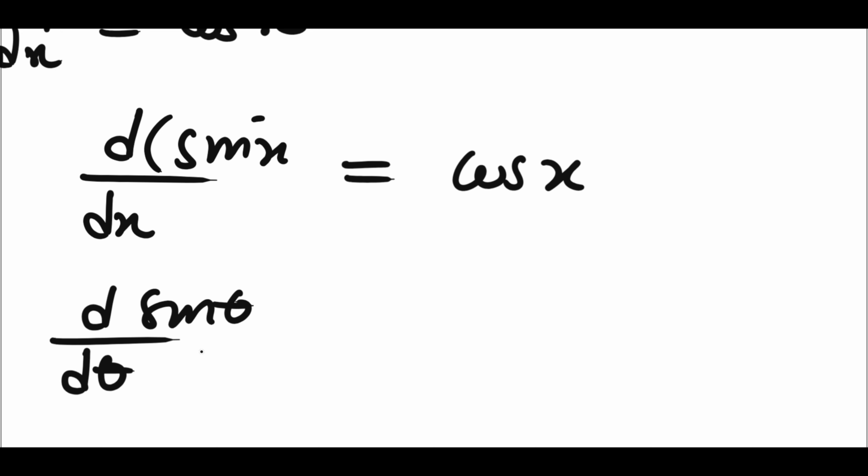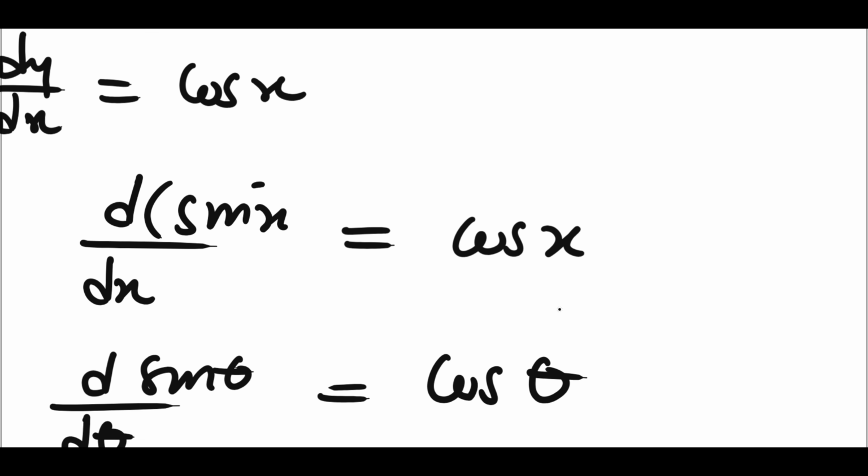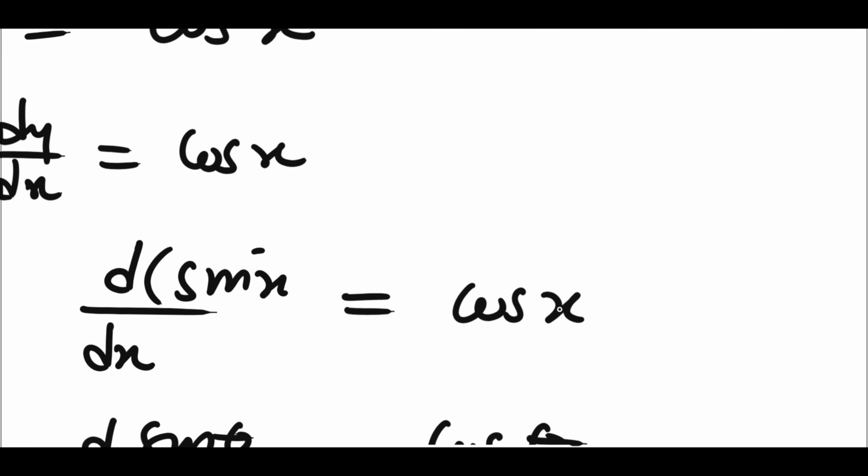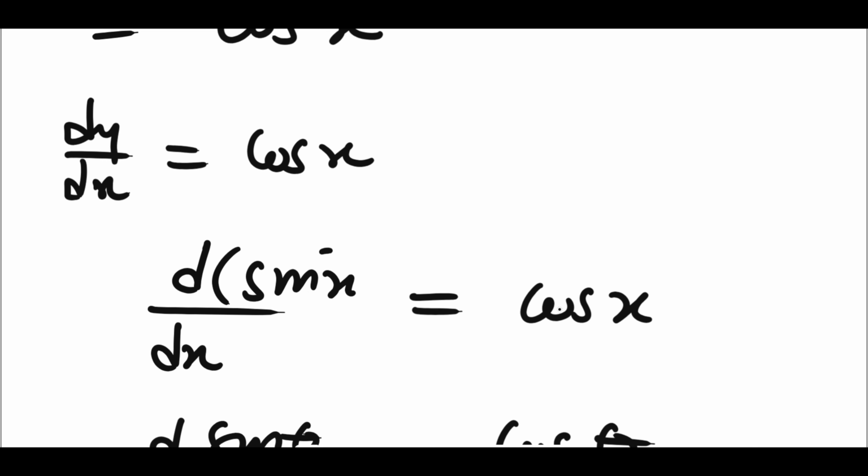So it's going to be d sine theta over d theta. So that will give us cos what? Theta. All right. So anytime you differentiate sine x, you get cos x. When you differentiate sine theta, you get cos theta. We are going to apply this concept when we are differentiating complex trigonometric functions.